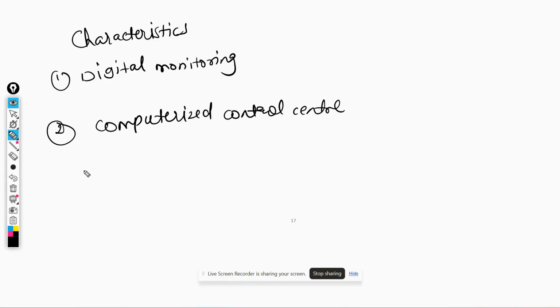Then the third characteristic was the communication network. So power plants, substations, and control centers became interconnected through the communication network. So this allowed faster information exchange. Then the next characteristic was remote meter reading.